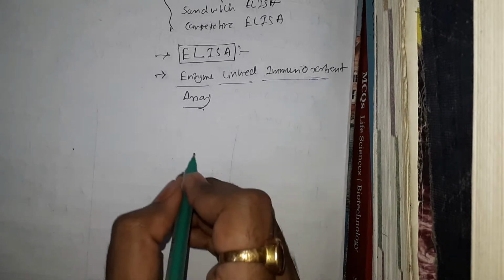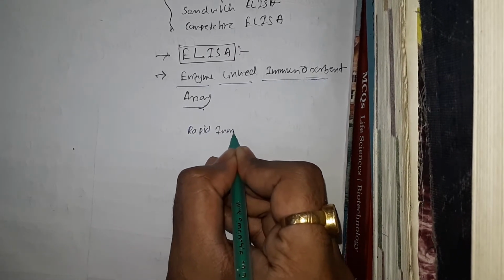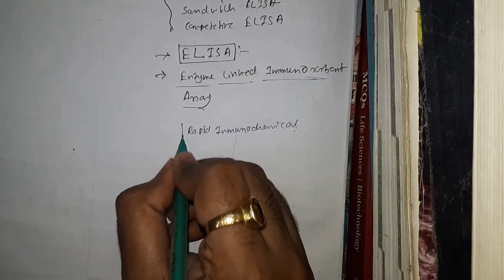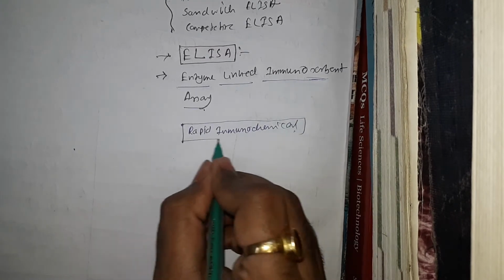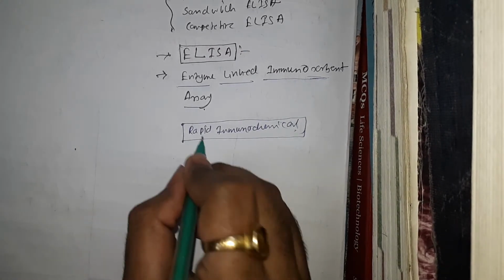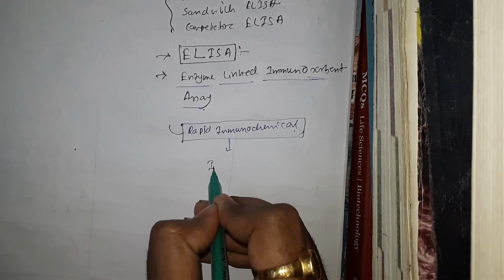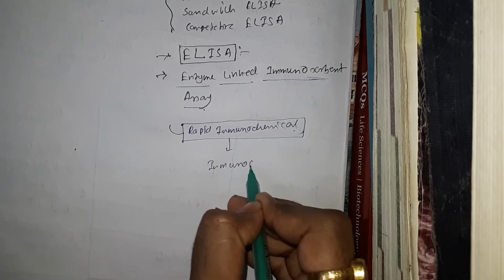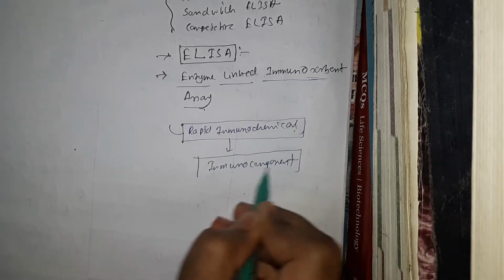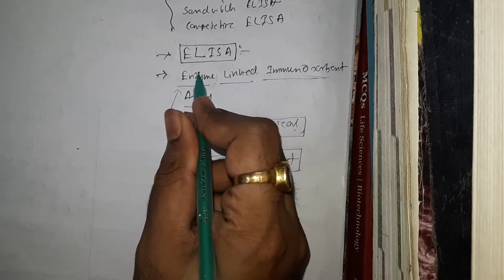So we can say ELISA is a rapid immunochemical test. As we heard, we are going to find an immunocomponent, so we can conclude that it is a rapid immunochemical test, which is going to detect an immunocomponent with the help of an enzyme linked molecule.